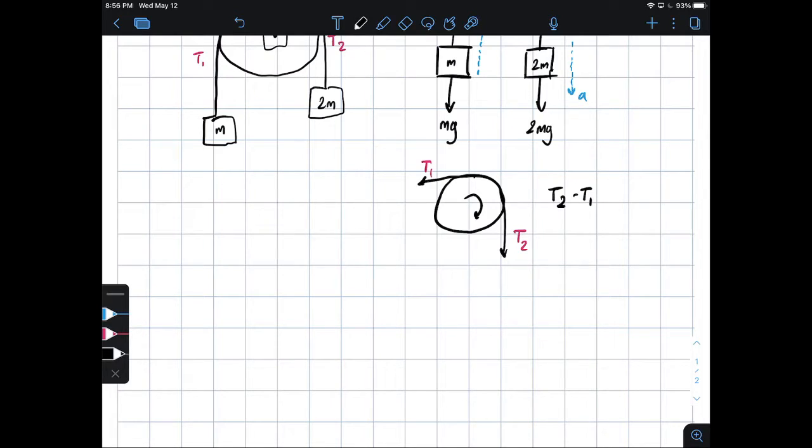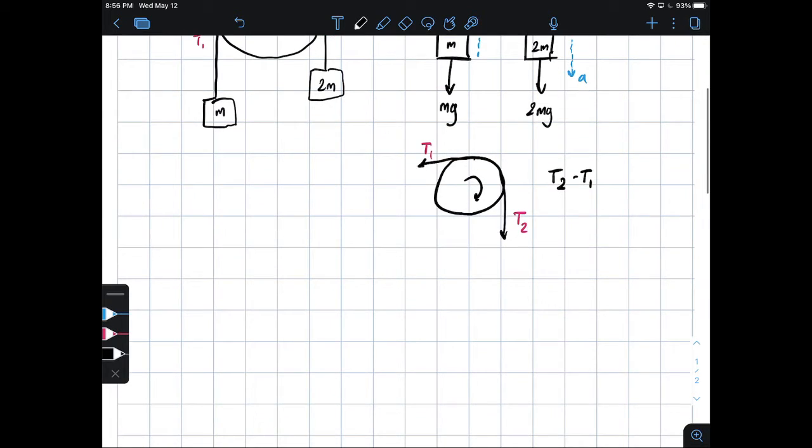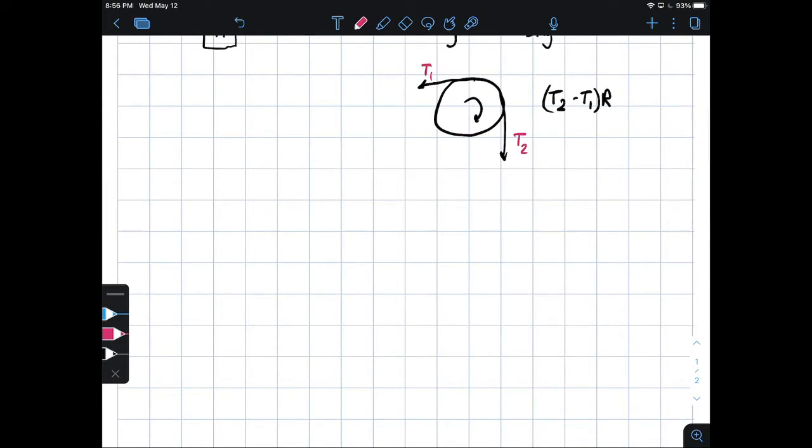Now we have our net force, and we can recall that the equation for torque is tau equals Fr, and then I think it's cosine theta. We don't really care about the cosine theta in this part. All we care about is multiplying it by r, because now what we'll see is that this is our F, and that is obviously our r, and this is essentially tau, or our net torque.